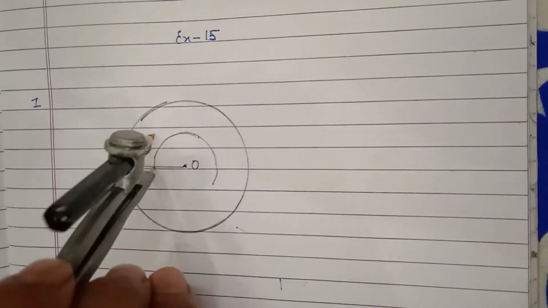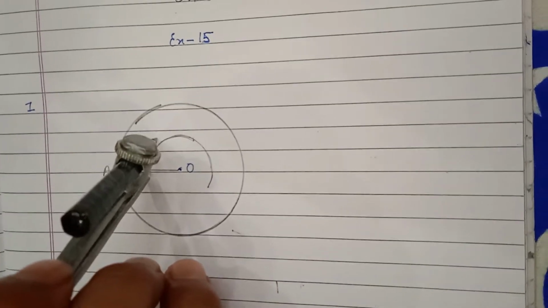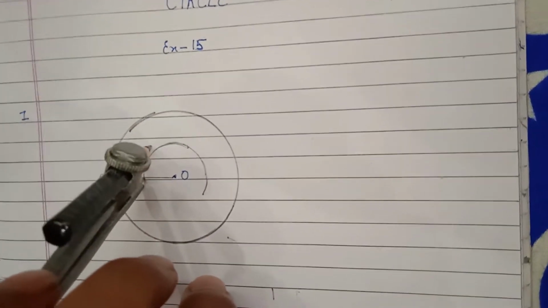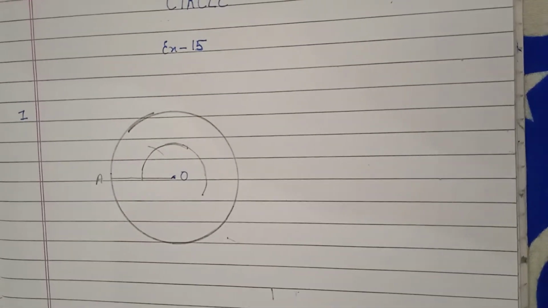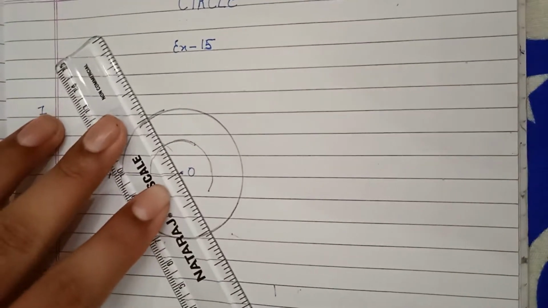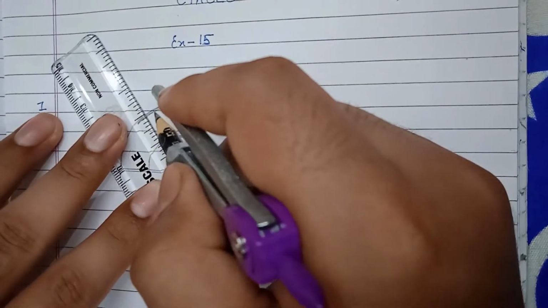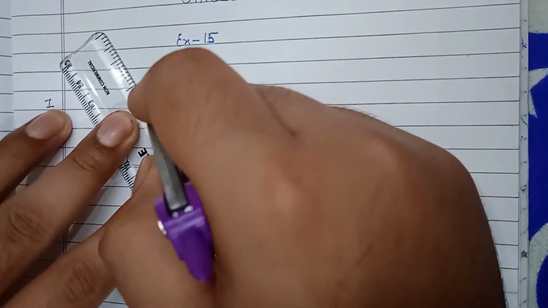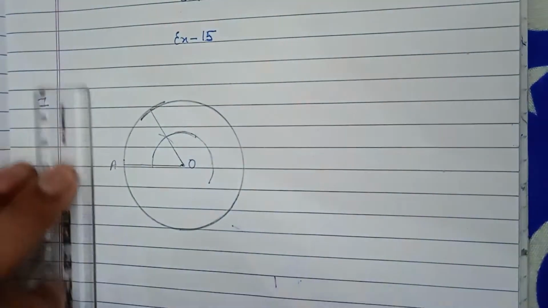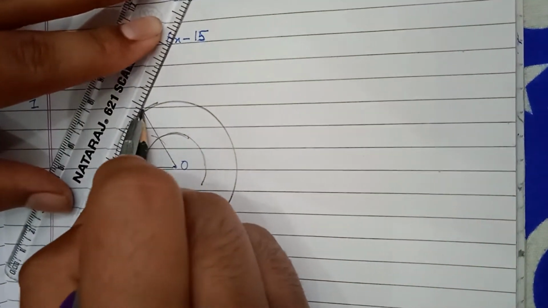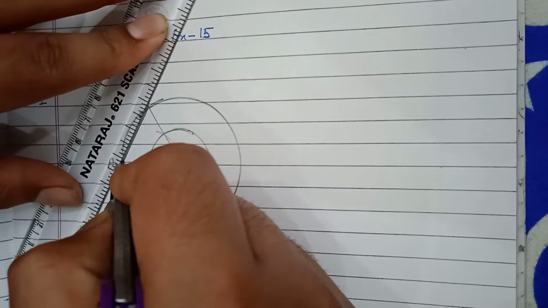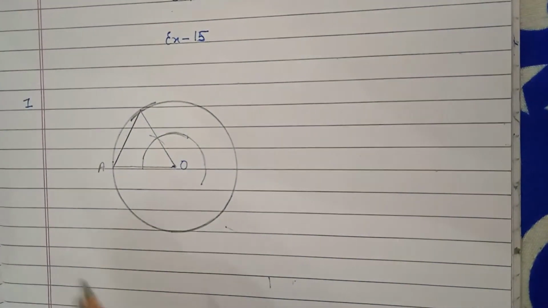And from the point where the dome is touching the radius, at that point we will keep our compass and make an arc. Now we will join our center to the point on the arc, and this is 60 degrees. Now we will join both the radii.